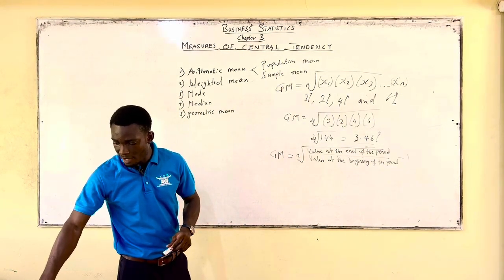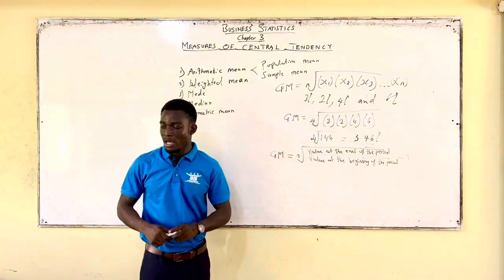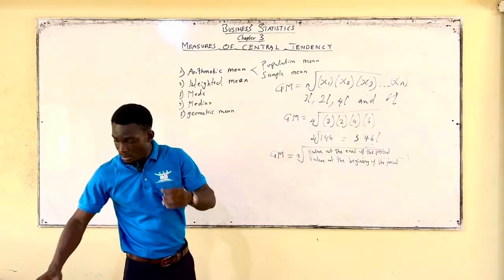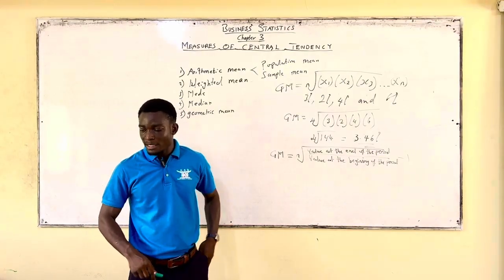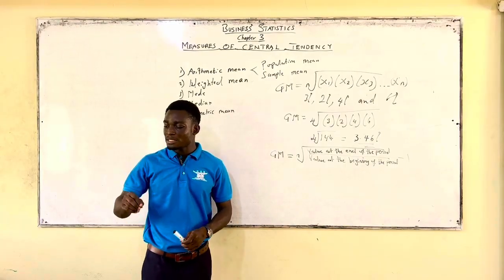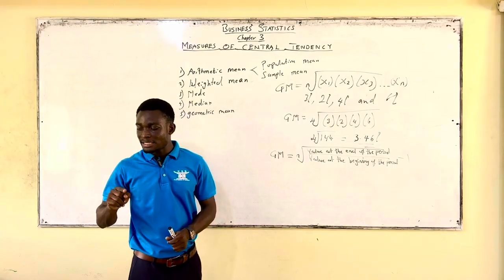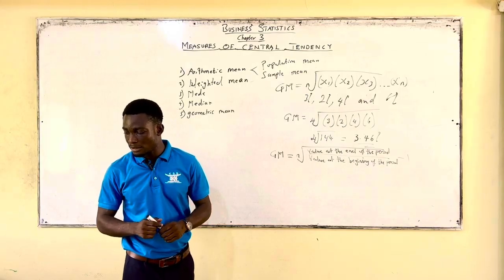And then we have a practical question. Example 3.12. The population in Ghana in 1988 was 2 persons.